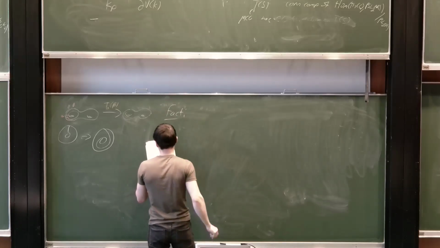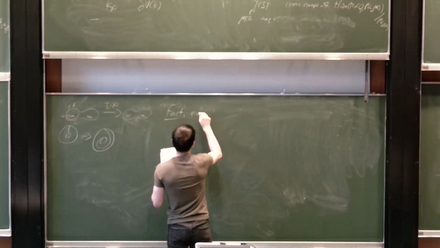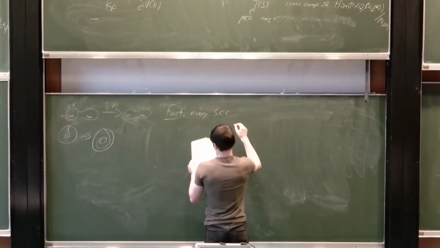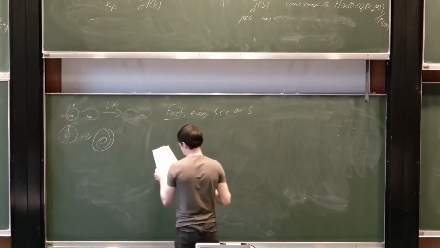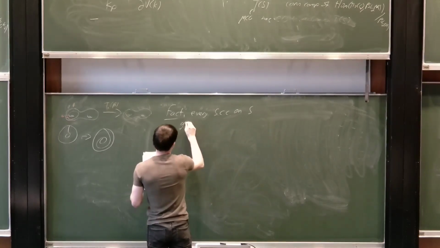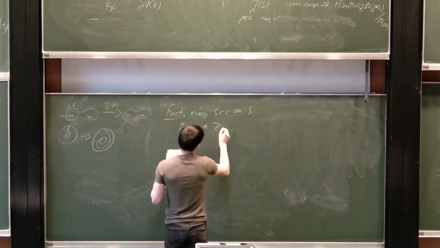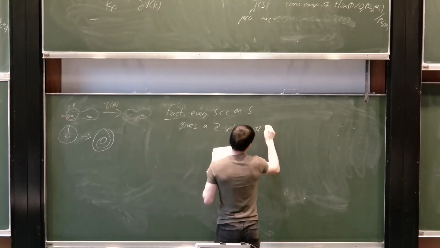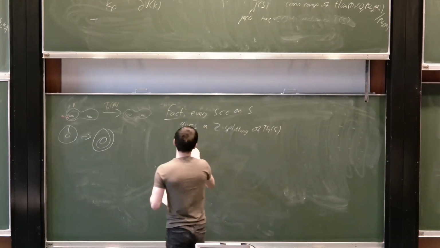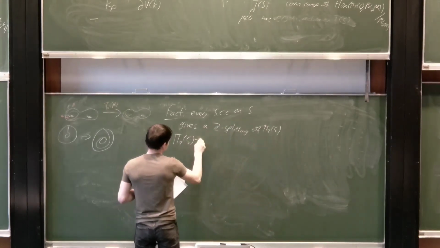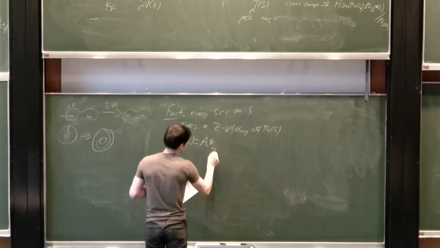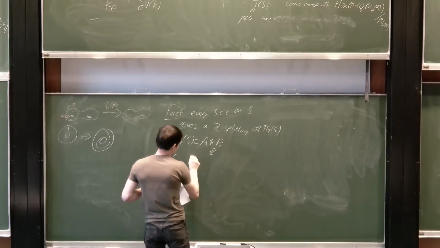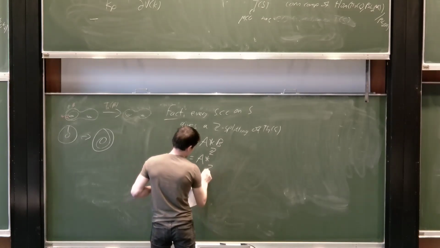One fact is that every simple closed curve on S gives a Z-splitting of π1 of S, and by that I mean that either π1 of S can be written as an amalgamated free product over Z, or this is equal to some HNN extension.